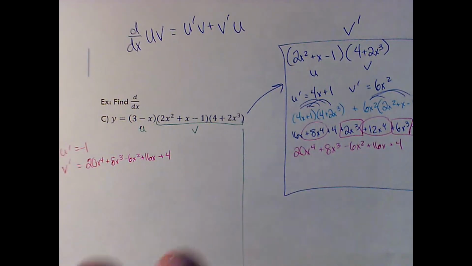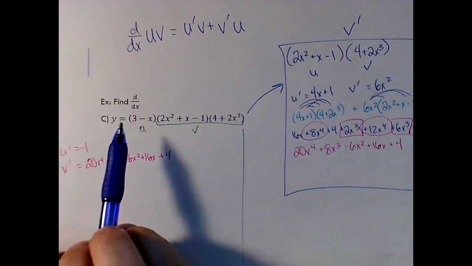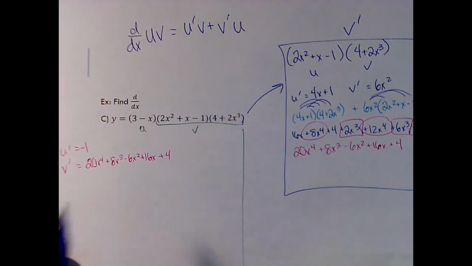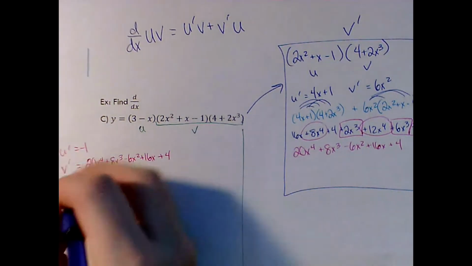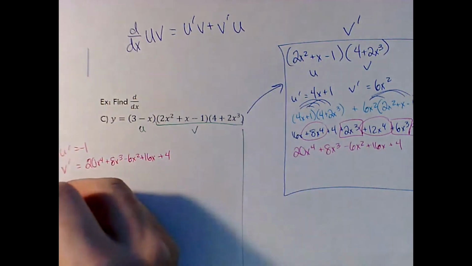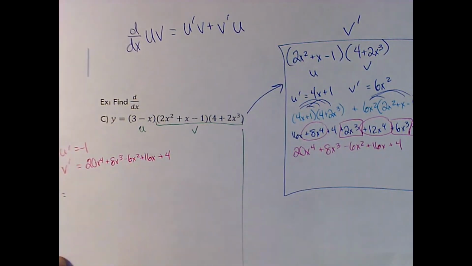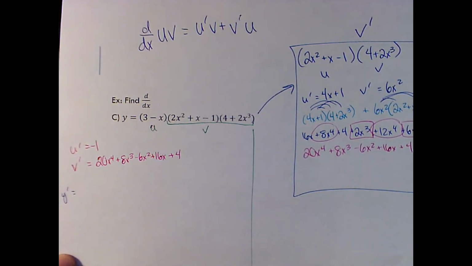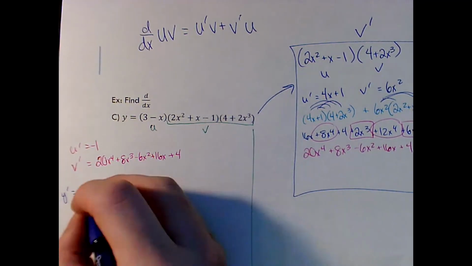All right, so now that you're out of the way, I don't have to deal with you so much. I have u prime as that. I have v prime as that. So y prime is going to equal u prime v. U prime was -1.